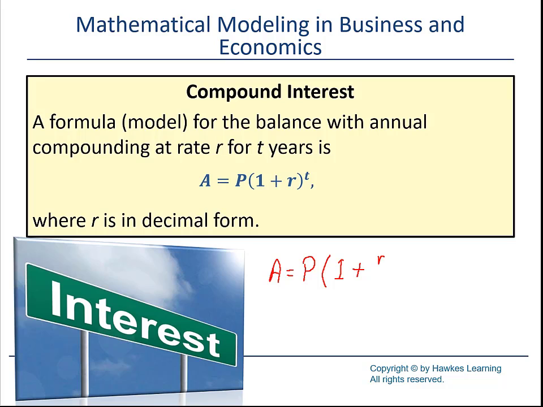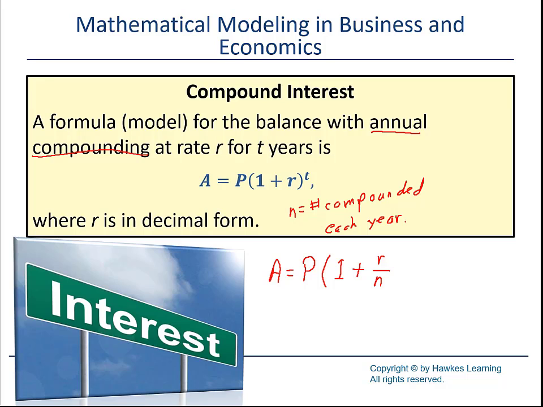However, here's where it changes: r over n. r is the annual compounding rate, and n is the number of times it's compounded in each year.